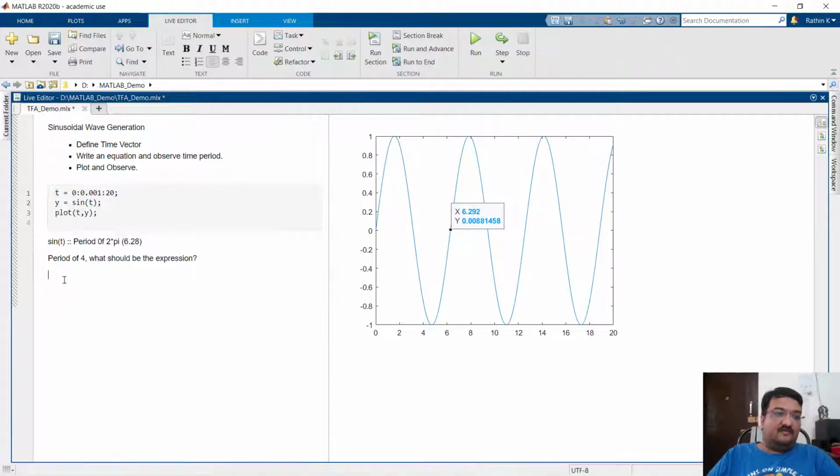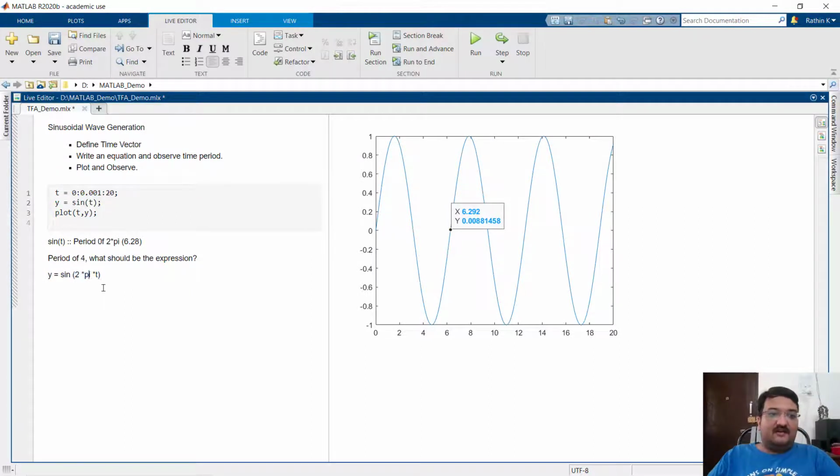If you want the same thing to get repeated after 4 seconds, there is a formula or structure. What if it was sine of 2 pi t, instead of t? 2 pi we are already writing.